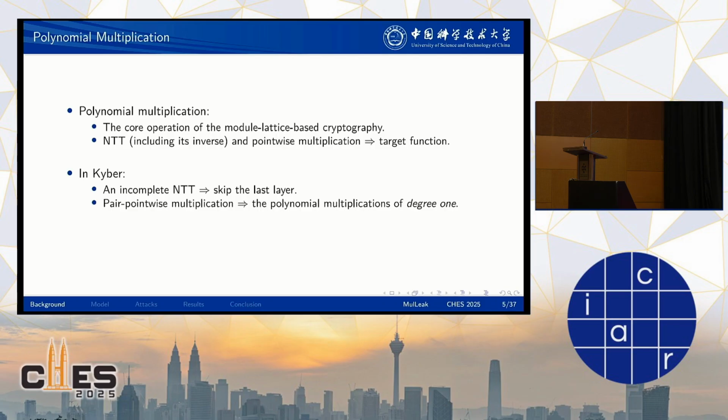NTT, including its inverse and pointwise multiplication, is used to implement the multiplication of polynomials in Kyber. Notably, Kyber employs an incomplete NTT, which skips the last layer and leads to polynomial multiplications of degree 1. Here, we refer to the degree 1 polynomial multiplications as pair point-wise multiplication, which is the target of our work.